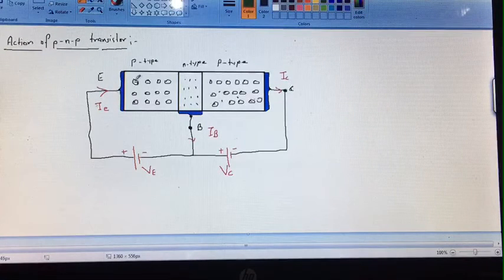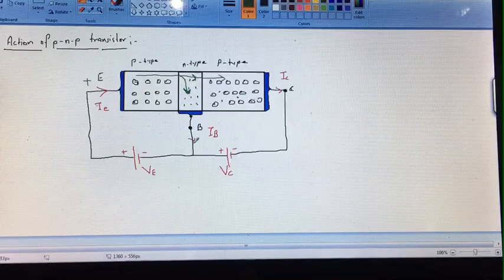See, this positive will repel the hole, then holes will start motion in this direction and move towards the collector, and a few holes, less than 5%, will recombine in this region. So a small current will drop inside the base and almost all current passes through the collector.